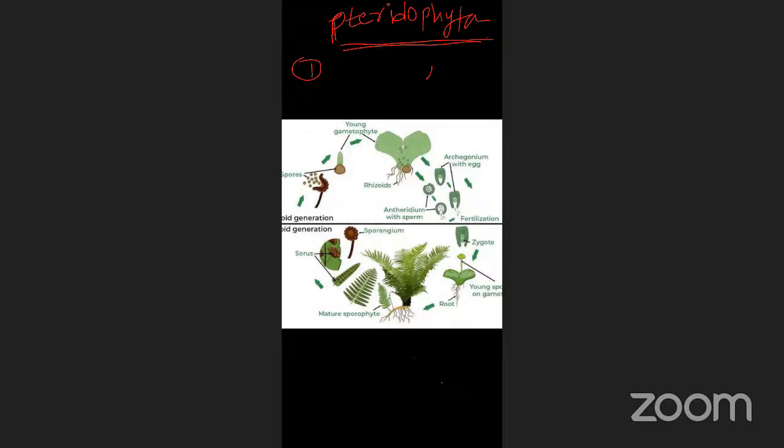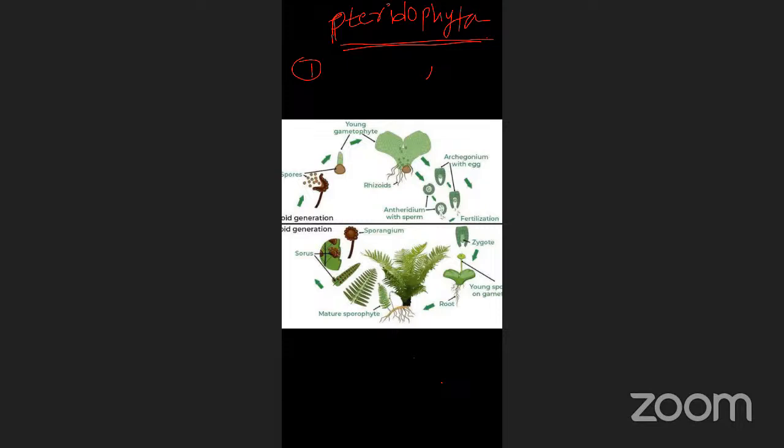Same as the first point in bryophytes, autotrophic. Second point, embryophytic. But bryophytes are non-vascular, while these are the first vascular plants. Sporophytic, spore producing plants are called pteridophyta.